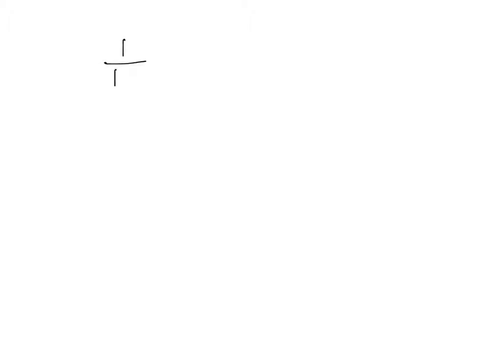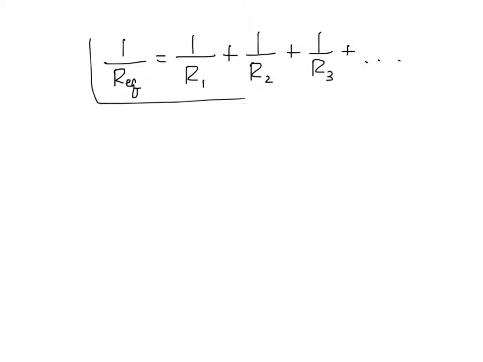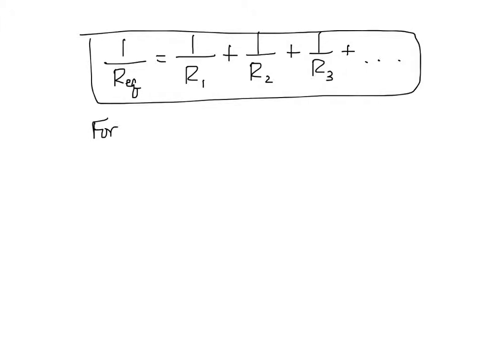1 over the equivalent resistance for a parallel circuit is just equal to the sum of the inverses of the resistors that are in parallel, plus dot dot dot. That's the general form of the equation for resistors that are in parallel.